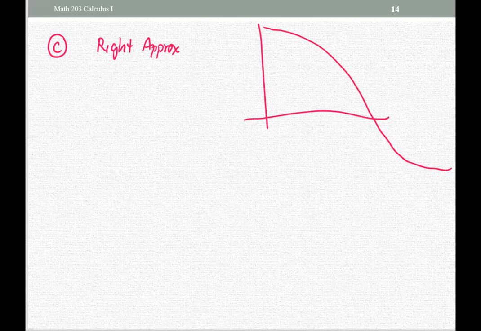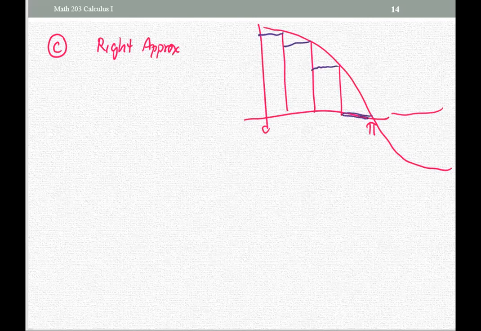So I'm going to set up, real quick, a summary of the right endpoint approximation. So in part C, for the right approximation with the graphical way, since we have the graph, partial of the cosine graph from 0 to pi, make it into 4 equal subintervals and use the right end for each subinterval.